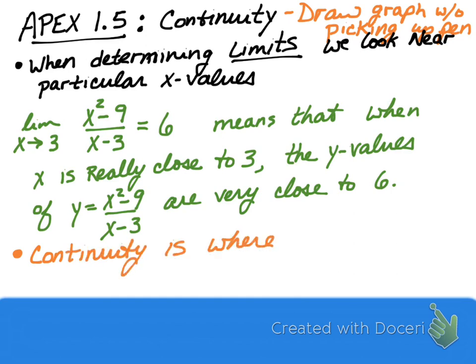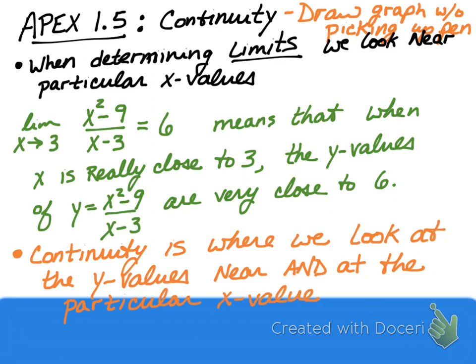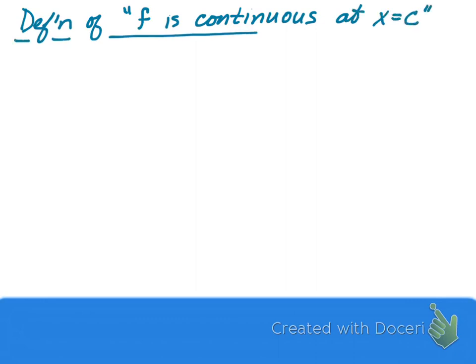Continuity is where we look at what happens at the specific x value, and we look at what happens near the particular x value. So we're doing the limit, and we're looking at the value of our function at that particular place. So here is the definition to say that f is continuous at x equals c.